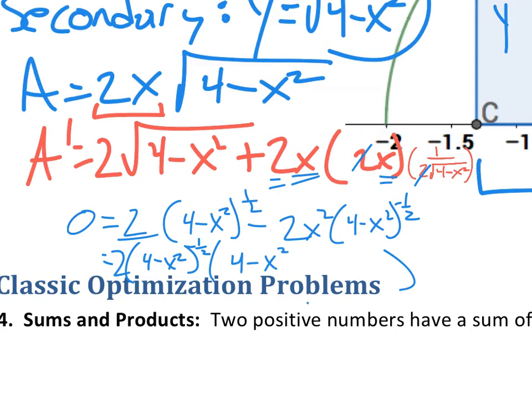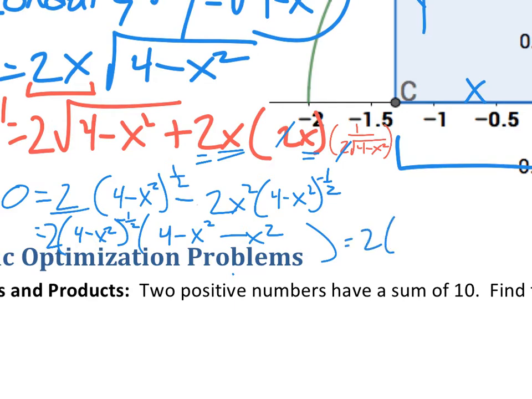And we pulled out this, so all that's left is the 2x squared, so actually just the x squared, right? Because we pulled out the 2, we pulled out the 4 minus x squared to the negative 1/2. And we got that here. The x squared becomes negative 2x squared.